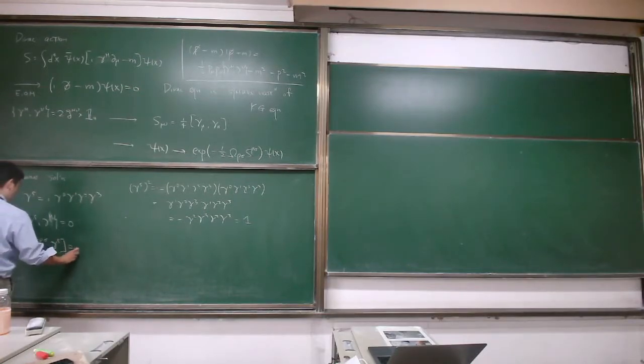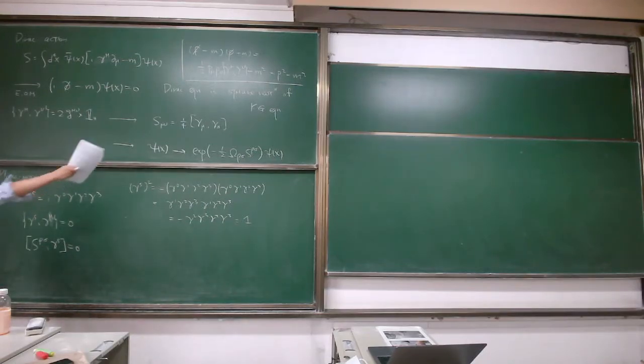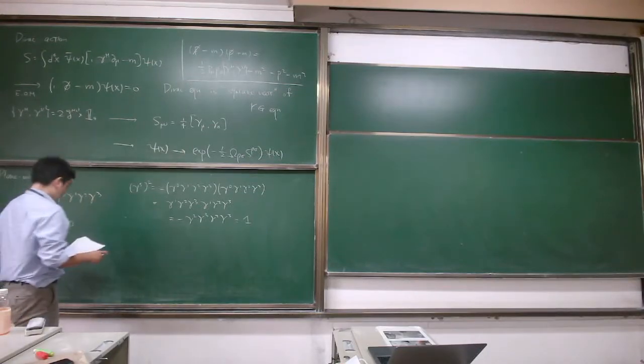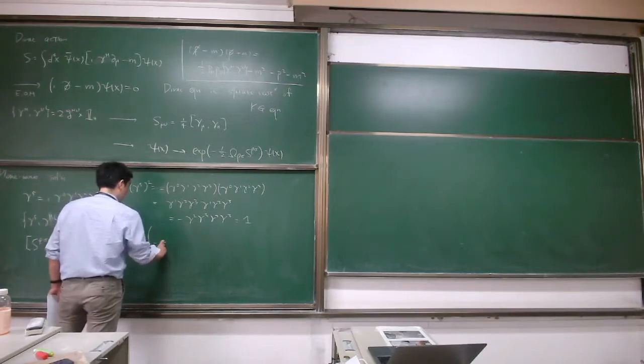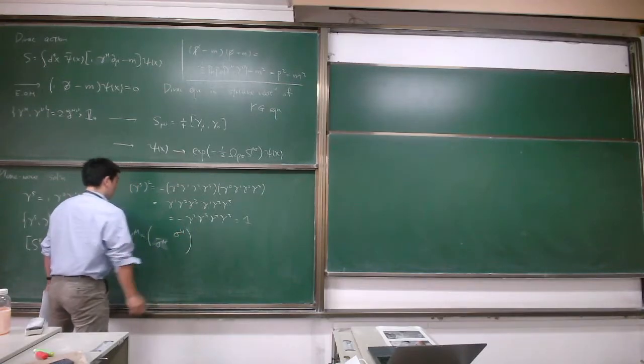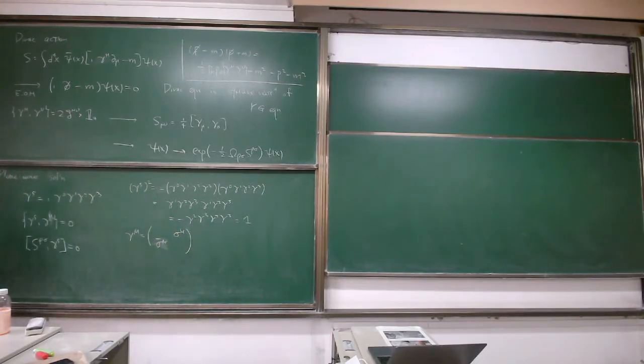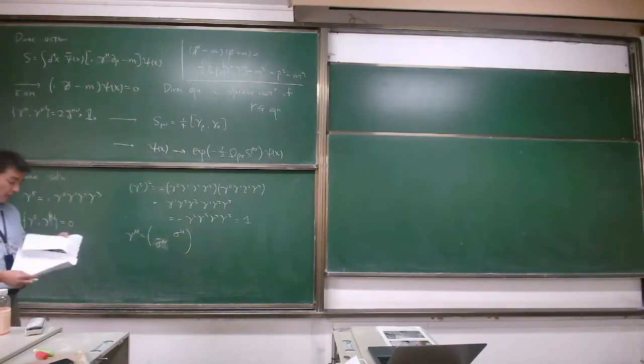It's almost obvious. So plug this one into here, and you have to do the same game, and you can show this. And then, so we take this basis for the gamma matrix from last time.